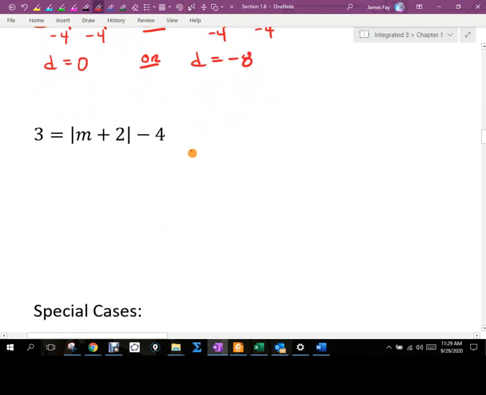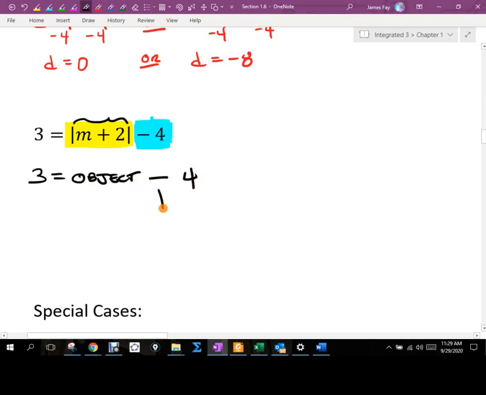Okay, so what are you going to do here to isolate? Say it again. Careful. I agree that you're going to do something with this negative 4, but how is it attached to this thing here? Think about this. This thing here is just an object, right? So I have 3 equals an object or an expression, and then that.